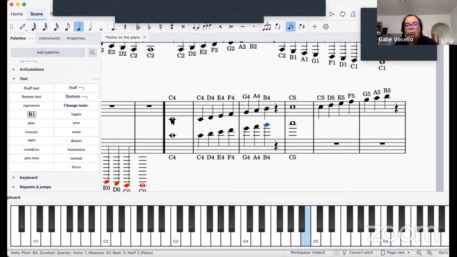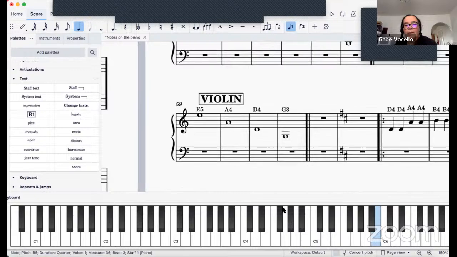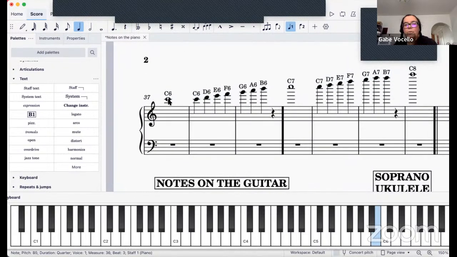Look on the piano, C to B. If I say C4 to B4, I'm giving the name of the notes within each octave, called pitch notes. C4 to B4. C5 to B5. C6 to B6.